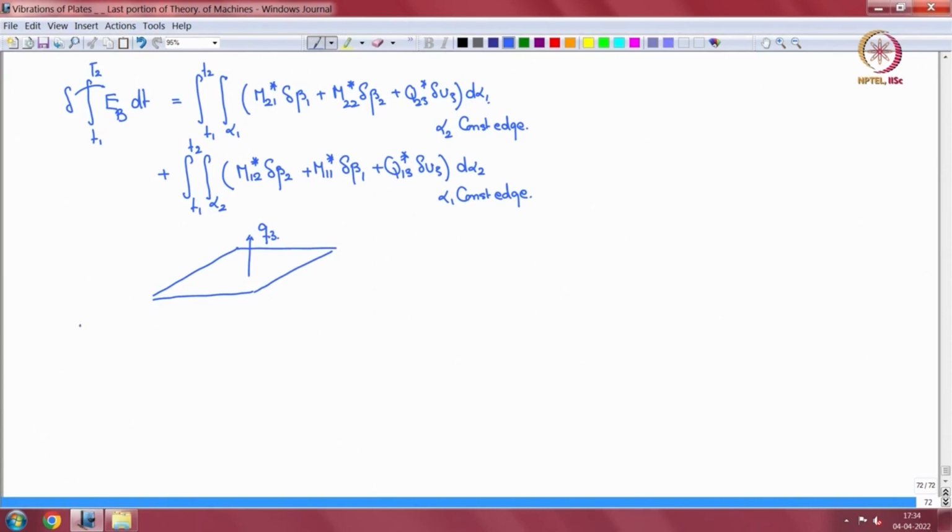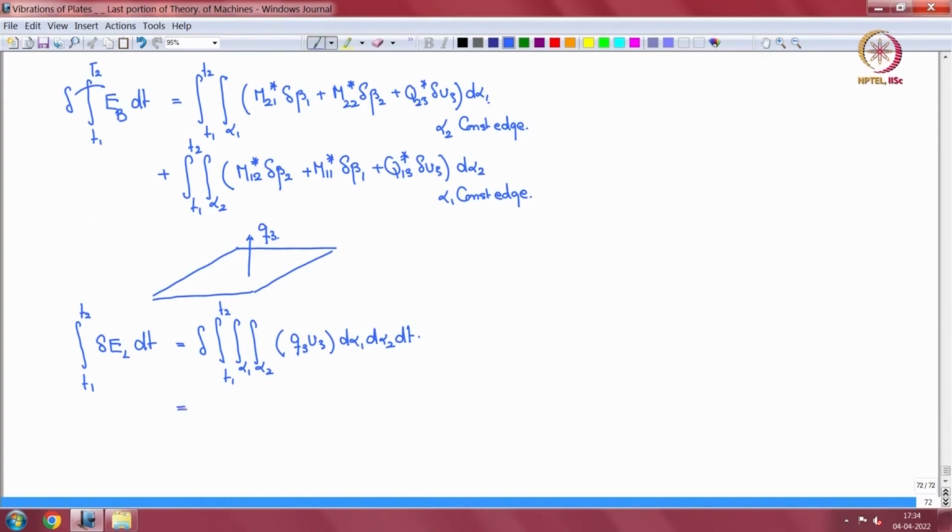So the variational term related to external load dt is equal to delta integral t1 to t2, integral alpha 1, integral alpha 2, the force into displacement, d alpha 1 d alpha 2 dt.